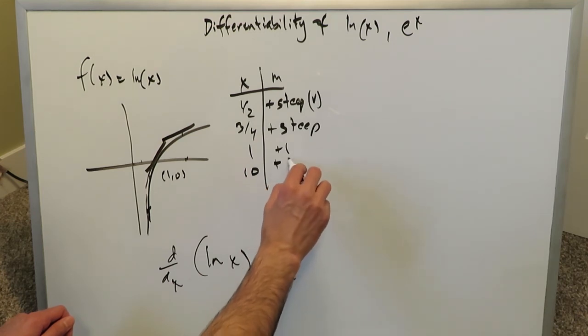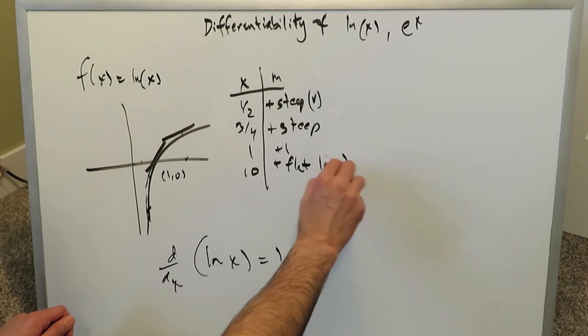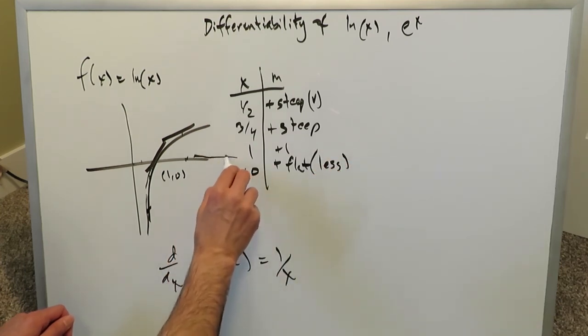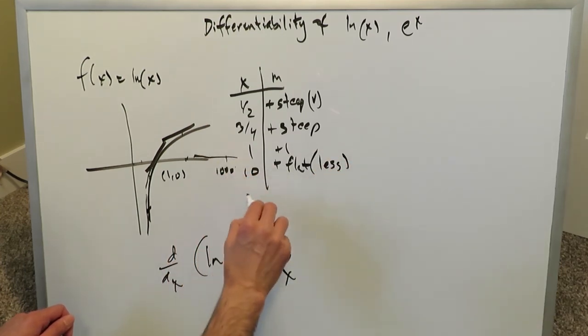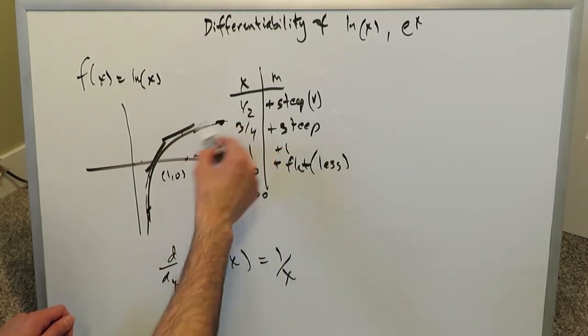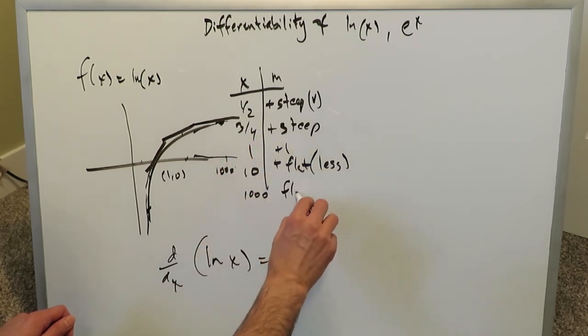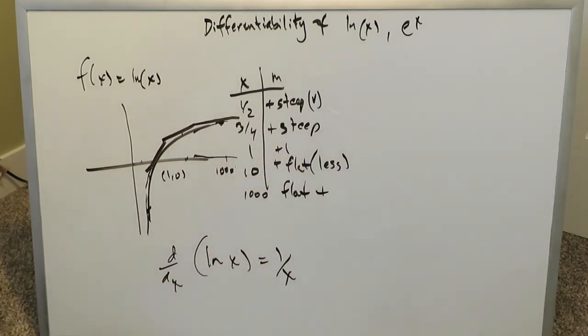It's still positive, but it's kind of getting flat. And then if you were to come out over here like 1000, your curve is still going to go towards positive infinity, but your lines will get very flat, and you can just say it'll be a positive slope, but it'll be flat.